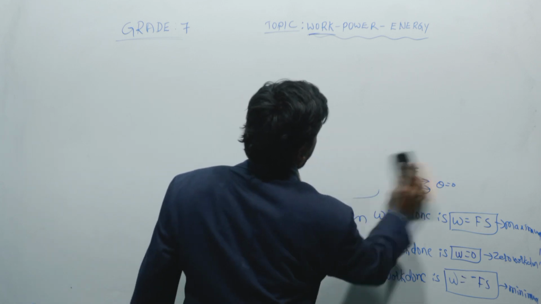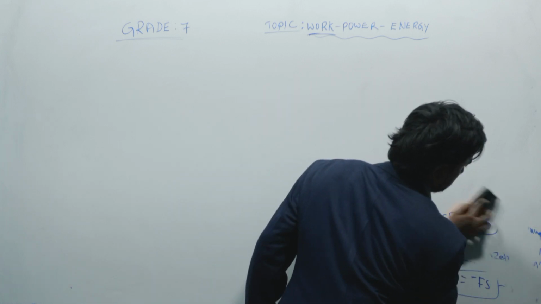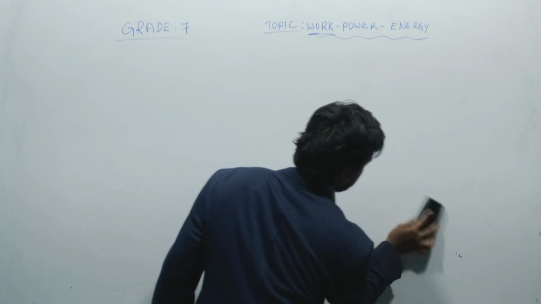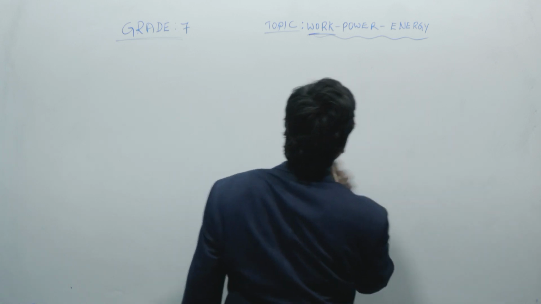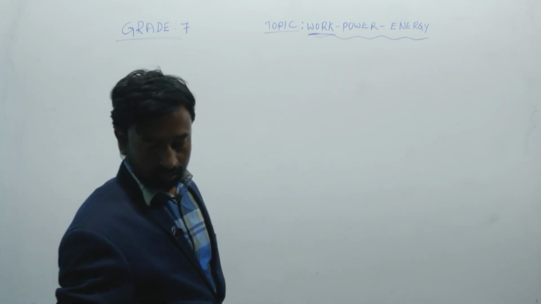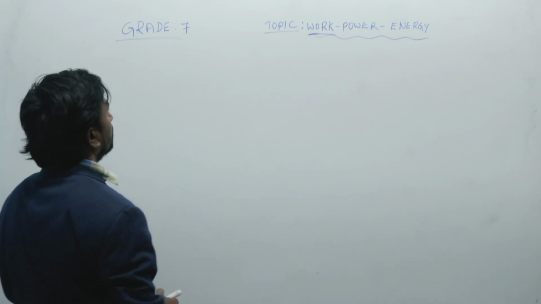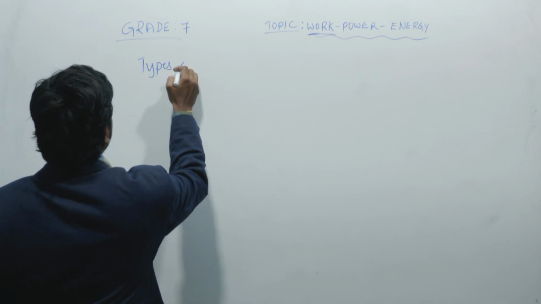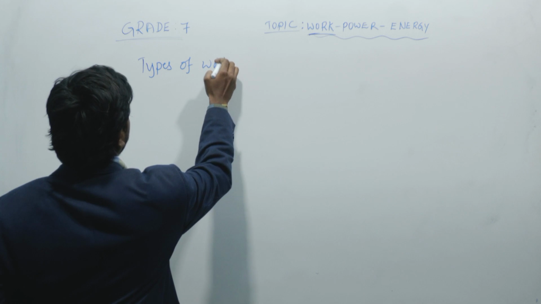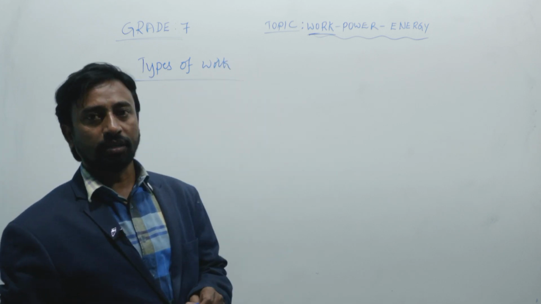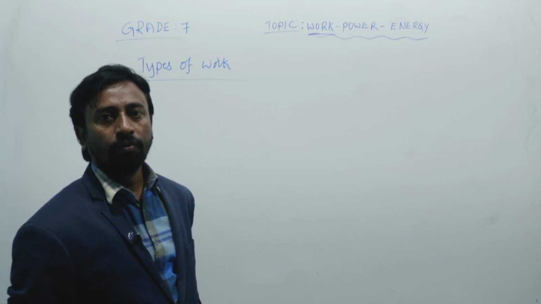Types of work. Okay, next we are going to see the types of work. There are 3 kinds of work based on the action of force, the angle of force acting on the body.